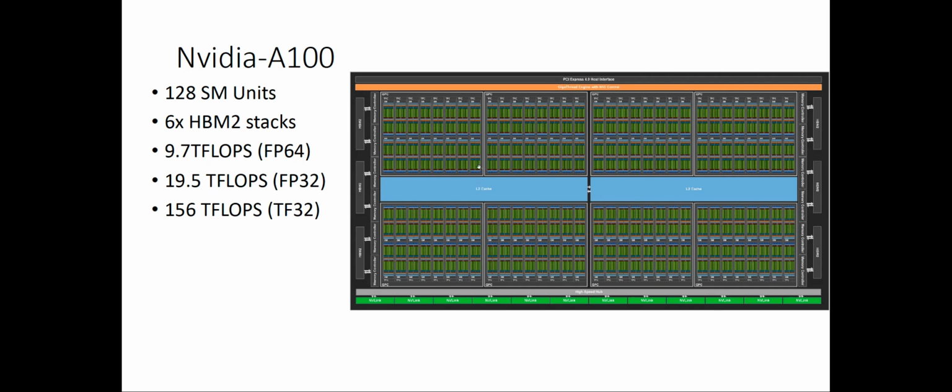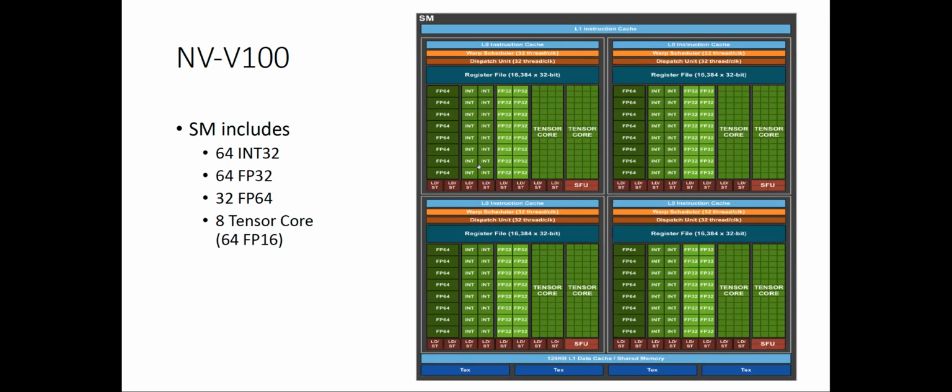The biggest difference actually lies within this streaming multiprocessor unit. So let's take a look. If we zoom in on the streaming multiprocessor, we have the integer, floating point, and tensor core units. So what are these? You can think of these as customized compute units within the ASIC.